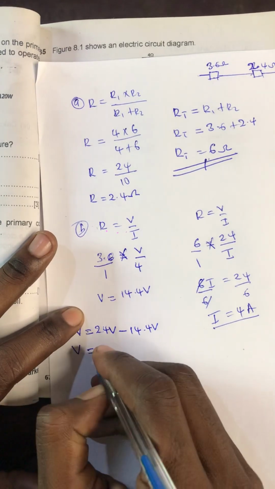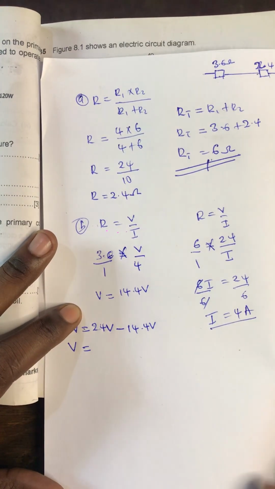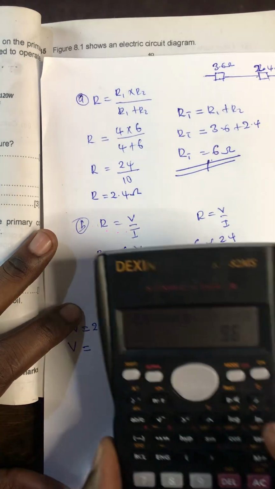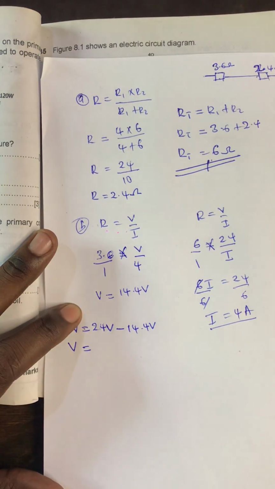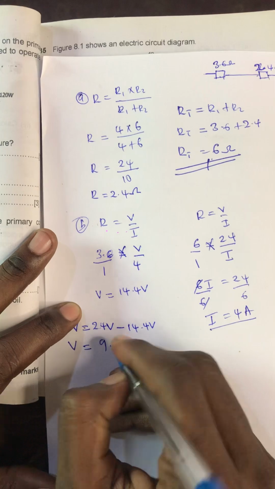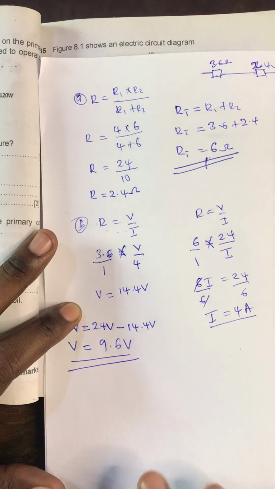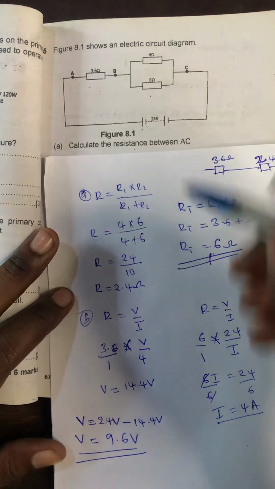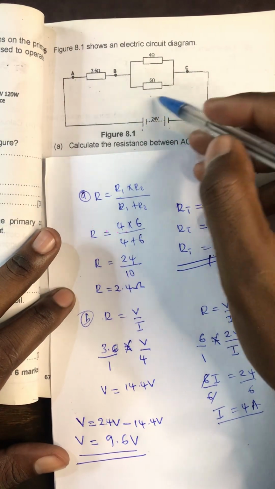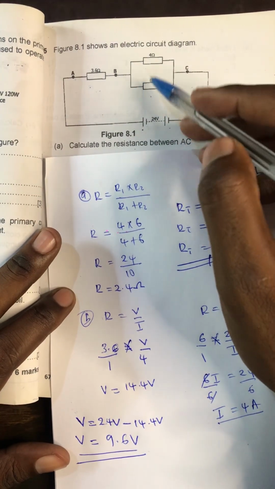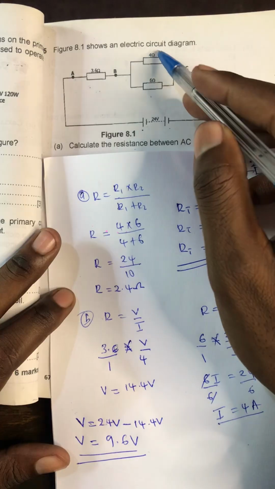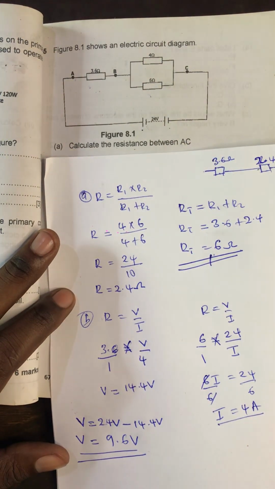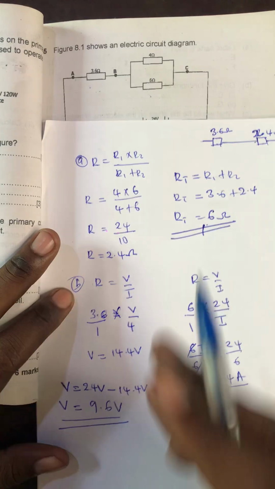So when you say 24 minus 14.4, you are getting 9.6 volts. So 9.6 volts will be the voltage across the 6 ohms resistor. So if there's 9.6 volts here, because they are in parallel with each other, across the 4 ohms resistor there is also 9.6 volts.